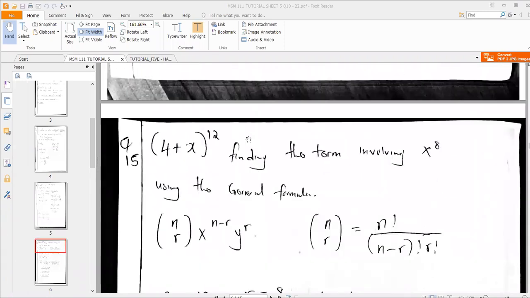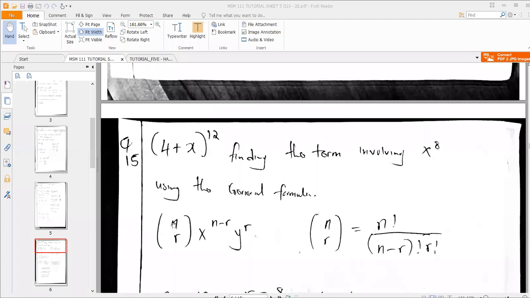Okay. We've been told to find the term involving x to the power 8, right? So what you do here is that you use the general formula, isn't it? I believe by now you have seen this guy here. So now using this general formula here, we will be just substituting it.